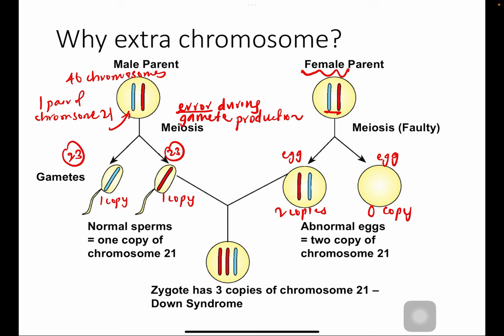However, if this abnormal egg is successfully fertilized with another sperm, it gives rise to a zygote that has 3 copies of chromosome 21 instead.